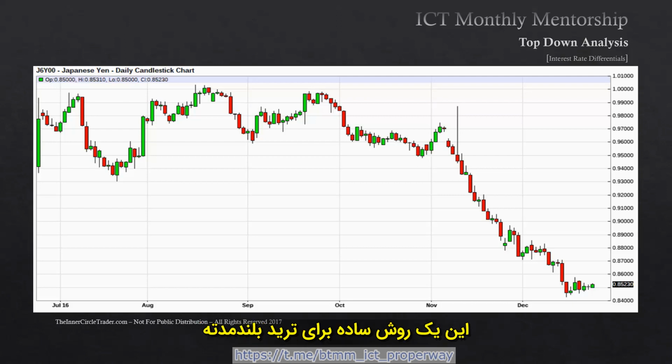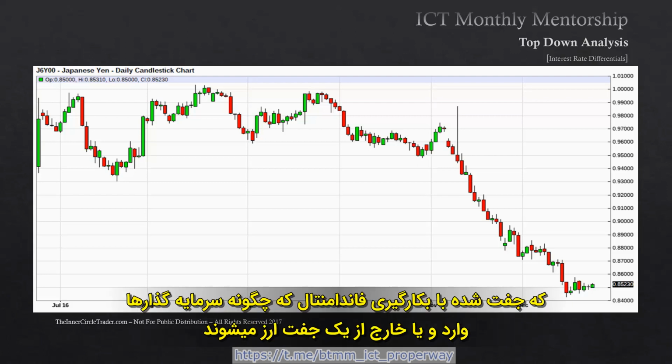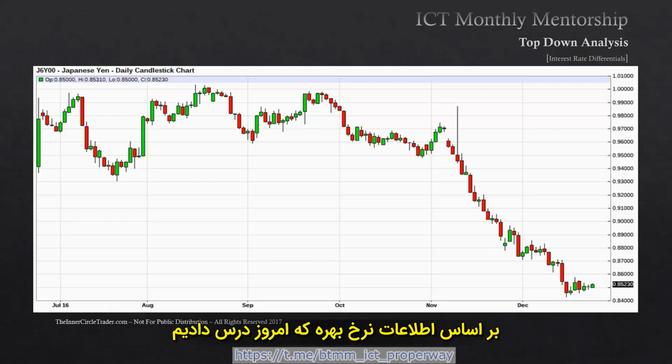Again, this is a really simplistic approach to trading long term, and it's coupled with, dare I say it again, a fundamental application of how the funds would go in and move large scale into a particular currency or out of a currency based on the interest rate information that we've covered here today.